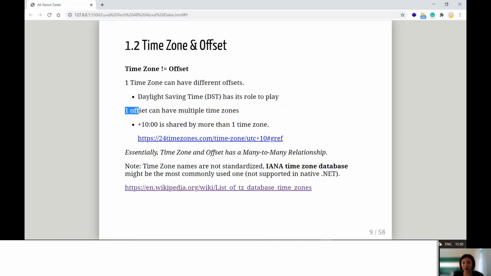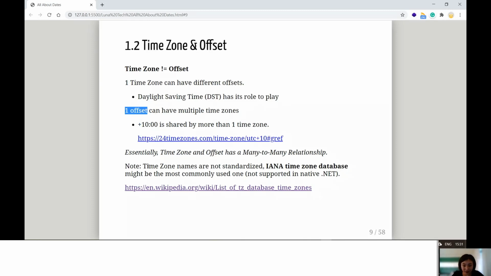But I think in our portal, we are usually using offset to make it more consistent. But I don't think we need to be too obsessed with these concepts. We just need to have the mindset that these things are actually different.